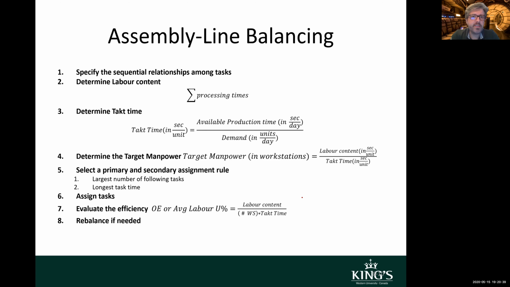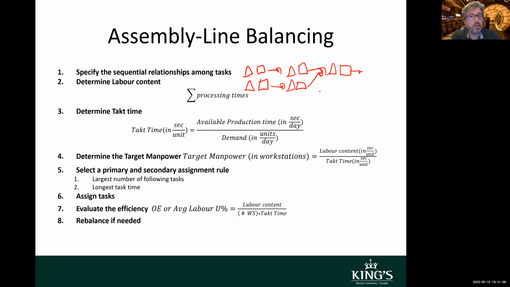So specify the sequential relationships among those tasks. Which one has to follow which, okay? Sometimes they work in tandem, so you have one task following another one, that then goes to another one. But you know what? Sometimes you have parallel tasks, right? And this one follows this one, and then they link up. So you've got to figure out the sequential relationships among each one of the tasks.